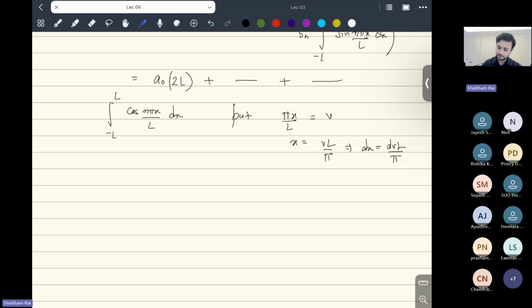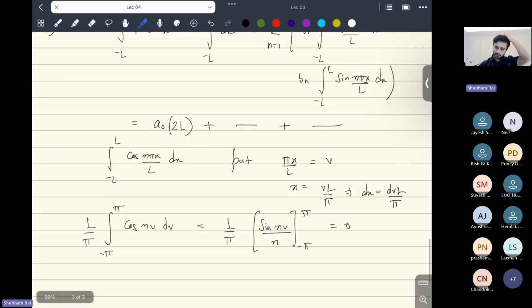When x is minus L. So then our limits will now go from minus pi to pi, and cosine of nV we will have, and dx will be equal to dV, and L by pi will come here. Now if you integrate this one, you will get L by pi from minus pi to pi. The integral of cosine nV is sine nV divided by n, right? And if you evaluate minus pi to pi, that will be 0, right?